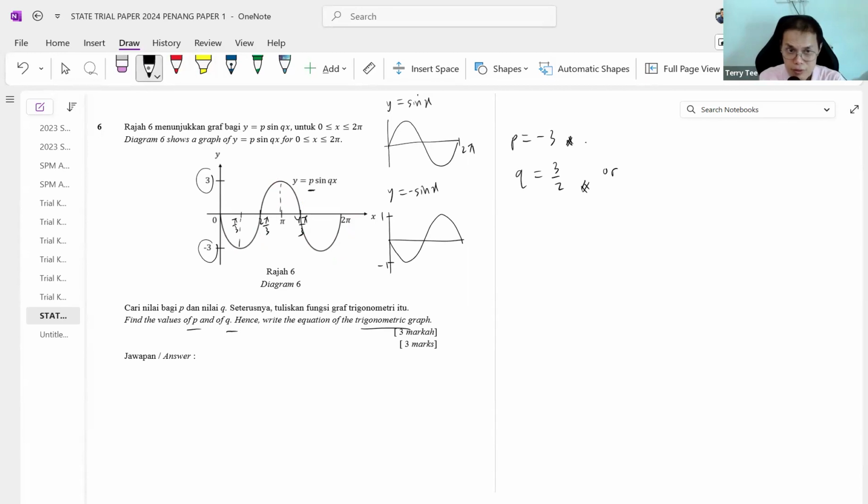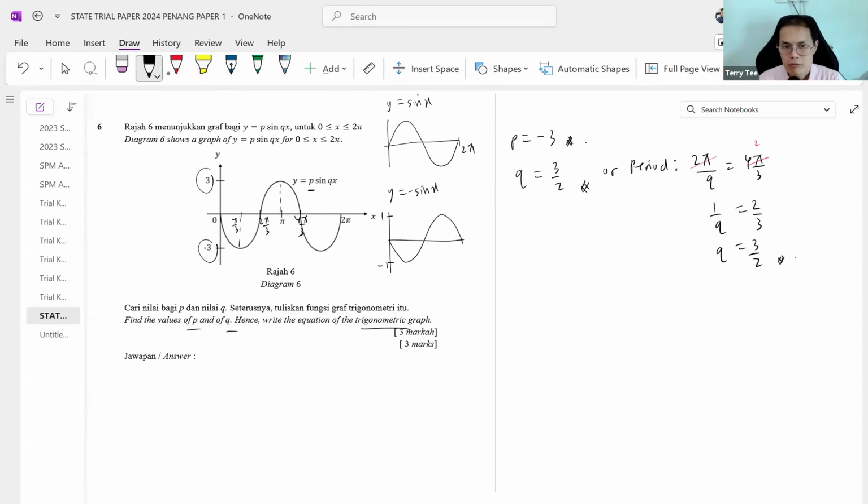Therefore, this is 4 pi over 3. So you work it out first. Then you say your period is 2 pi divided by q, and that is equal to 4 pi over 3. Cancel 2 pi and 4 pi, I got 2. So 1 over q is 2 over 3. Q is 3/2. Okay, that's another way of doing it, but I think this is a lot slower.